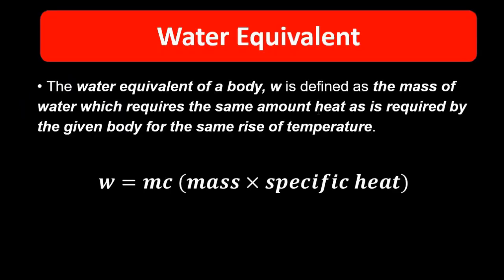Let us say we have an object. The mass of it is not specified, but it requires delta Q amount of heat to raise its temperature by a certain level, delta T. As per the definition, delta Q amount of heat causes a temperature change of delta T.